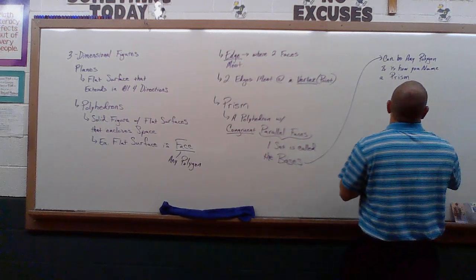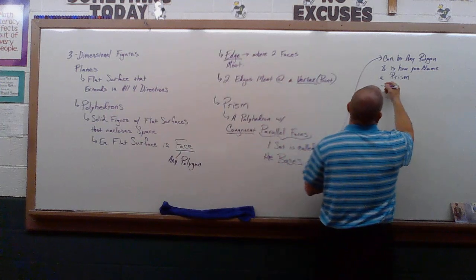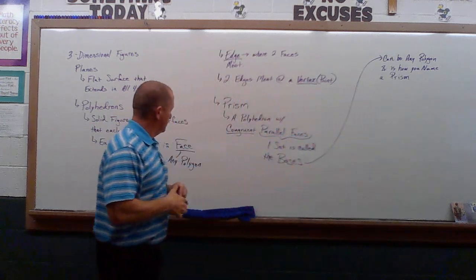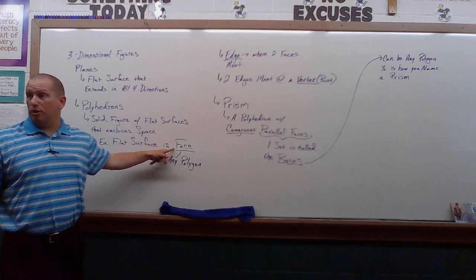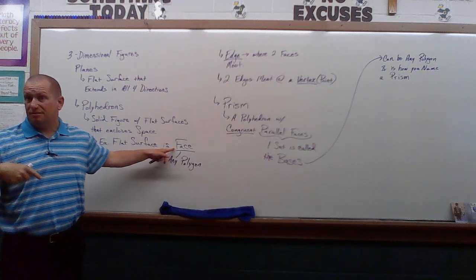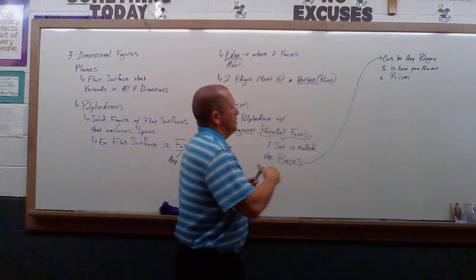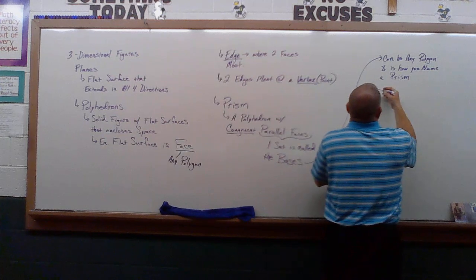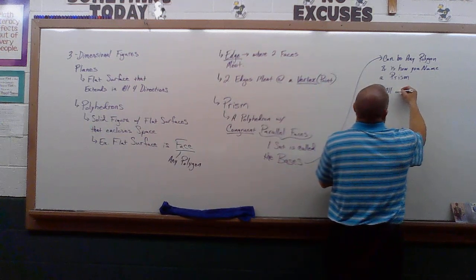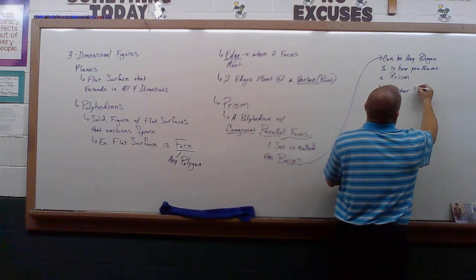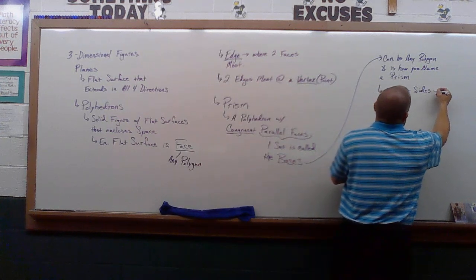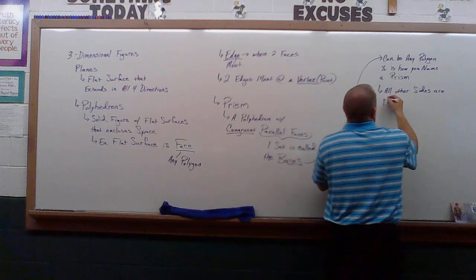So we name it by the base, and all the other sides are going to be called faces. Okay, so we name it by the base, but then all the other sides are faces, which we've already introduced.